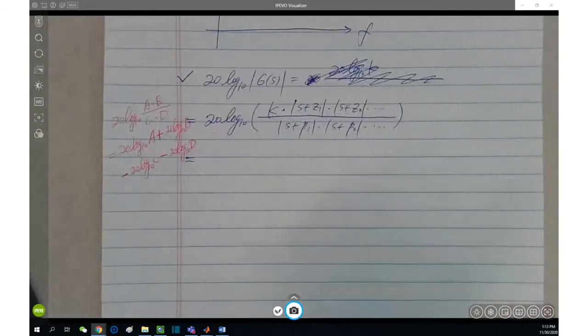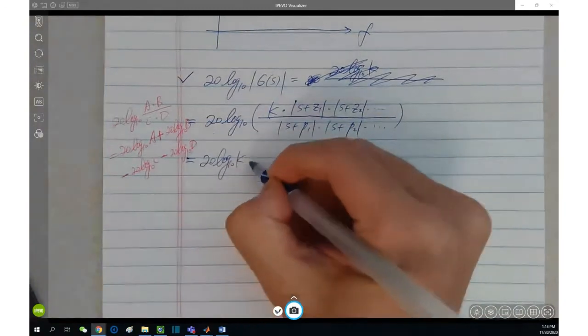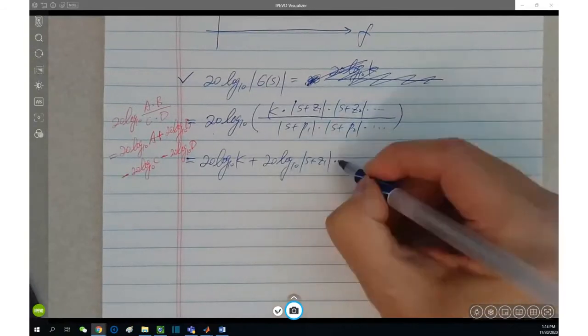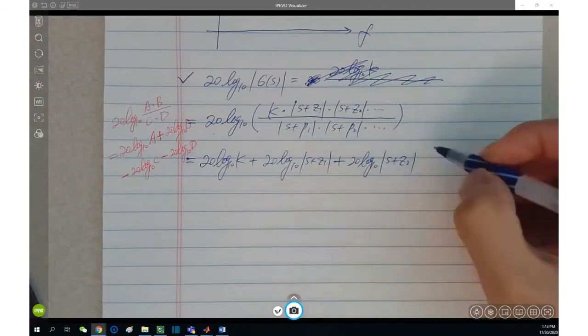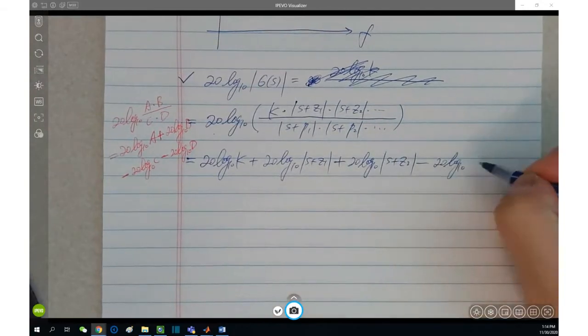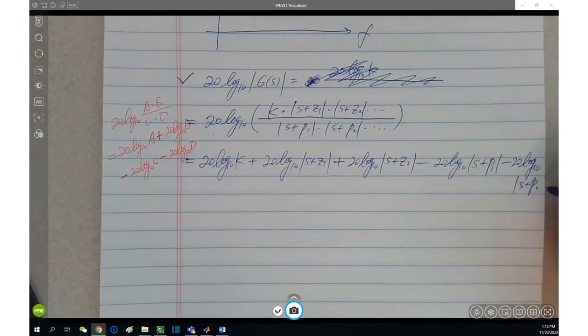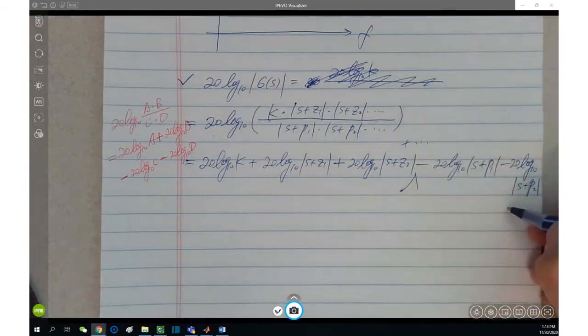Based on this algebra, we expand this, and what do we get? 20 log 10 k plus 20 log 10 of the first zero, s plus z1, plus 20 log 10 of s plus z2, minus 20 log 10 of s plus p1, minus 20 log 10 of s plus p2. Of course, here plus dots and minus dots, depending on how many terms we have in the numerator and denominator.